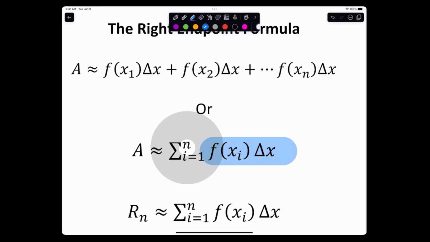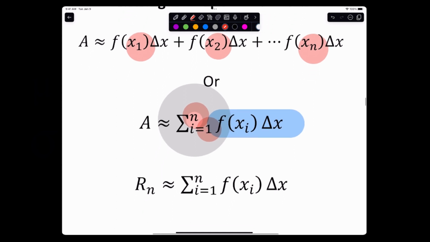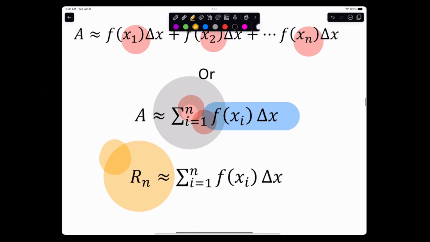And this index goes from 1 to n. Here's your index: 1, 2, and it goes up to n. That's how you read that index for the summation. And then we define this as the right endpoint formula. That's Rn.